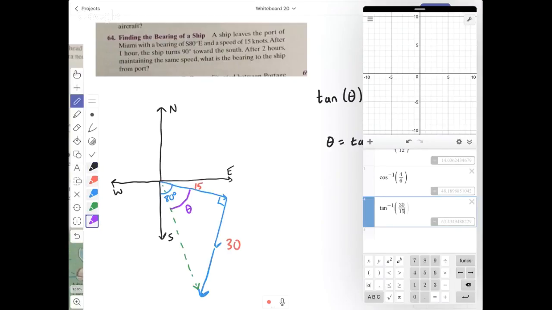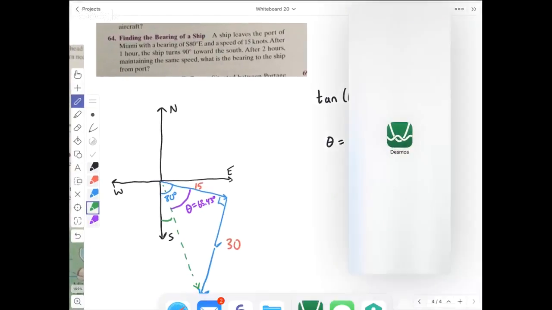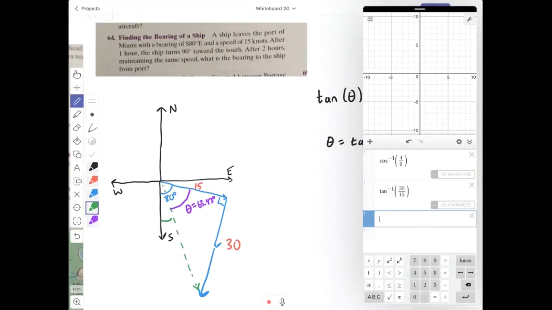So I'm going in here, arctangent of 30 fifteenths is 63.43 degrees. So theta equals 63.43 degrees. And now what's this angle? Well, clearly it's 80 minus the 63.43. So this little angle in green, pull my calculator back up. 80 minus that is 16.57 degrees.